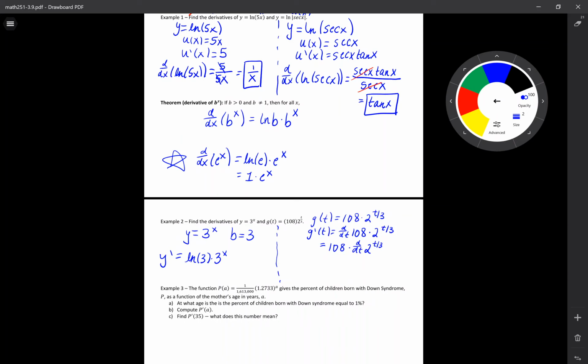So here I want to find the derivative of 2 to the power of t over 3. Well, according to the theorem that we just learned, I know how to take the derivative of 2 to the power of t, but what about that t over 3 hanging out in there? Well, this tells me that I'm going to have to use the chain rule.